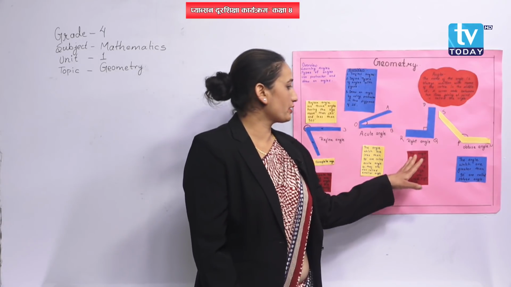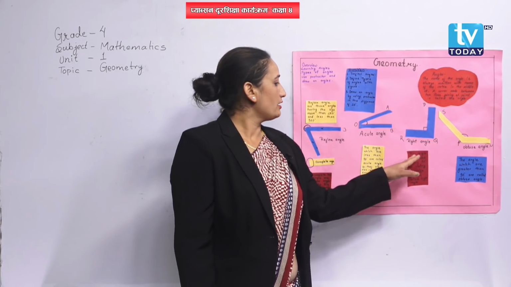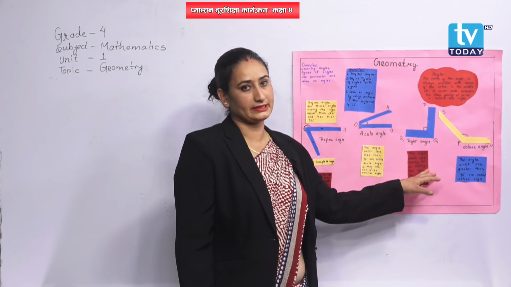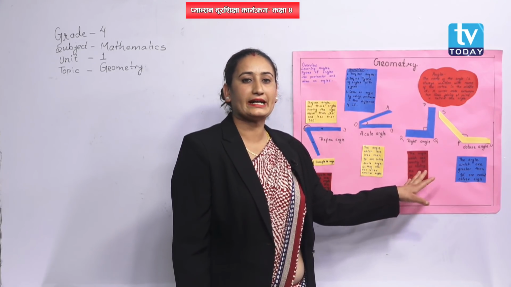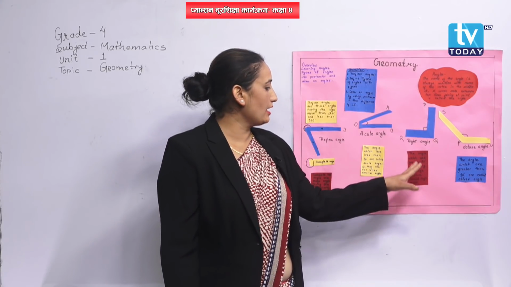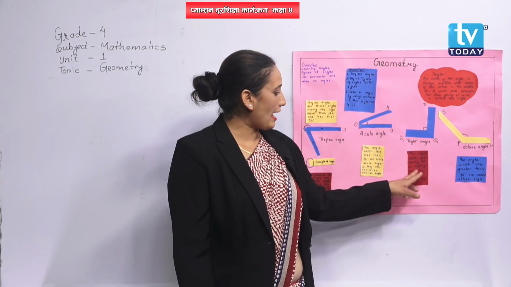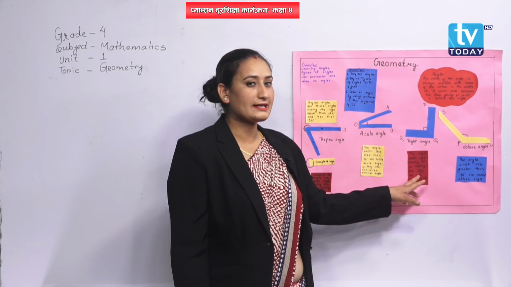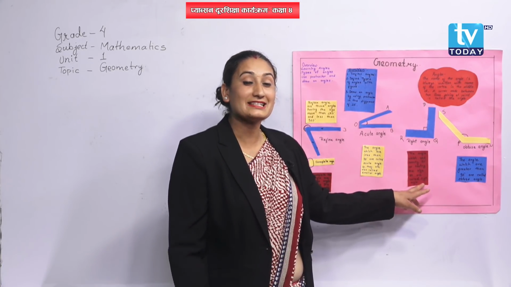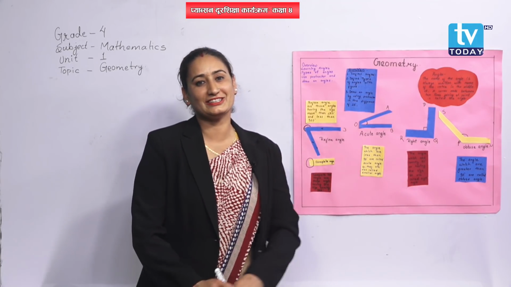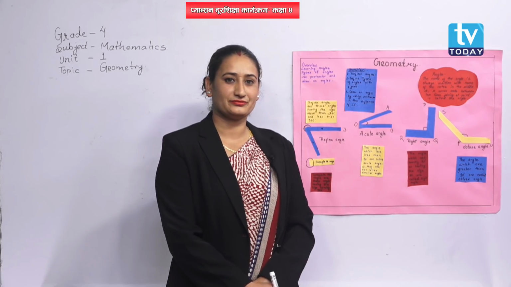Now, second is the right angle. The angles which are exactly 90 degrees, having the size exactly 90 degrees, are called right angles.